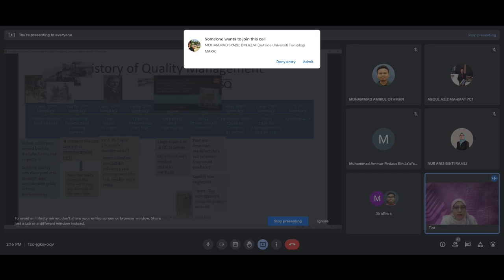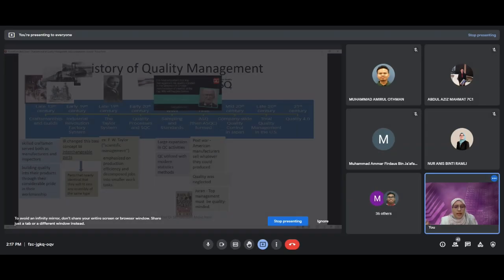And this is where Joseph Juran, one of the quality gurus, developed leadership for quality. This is his book, Juran on Leadership for Quality, and you can find it in the library. In his theory, he mentioned that top management must be quality minded.